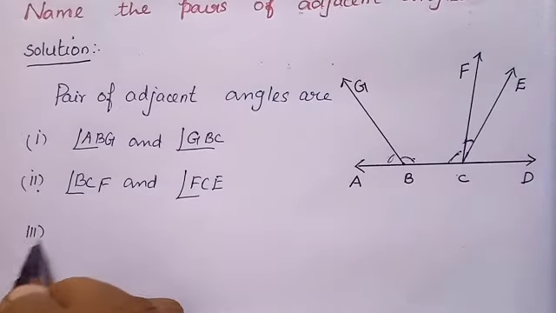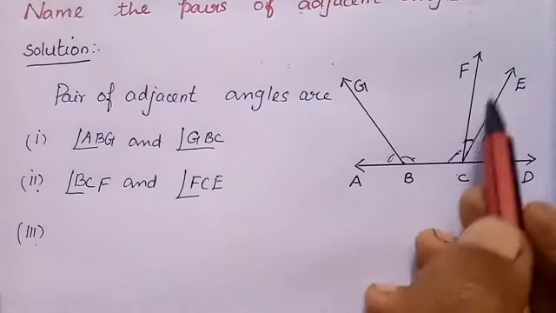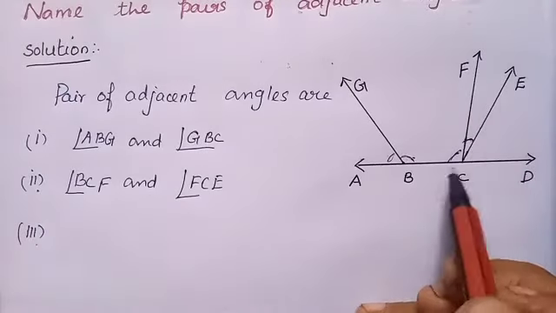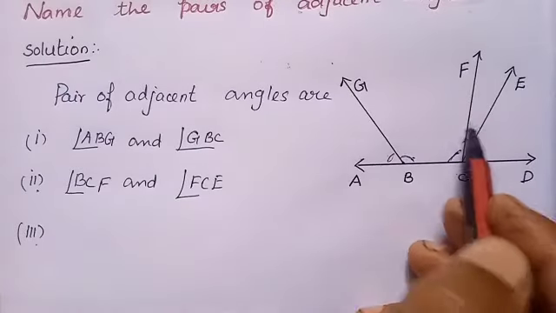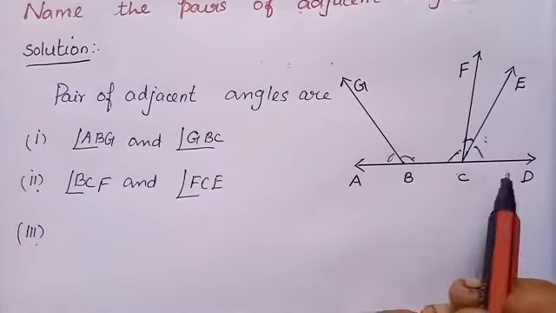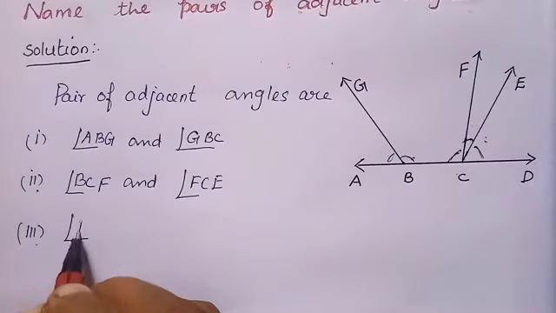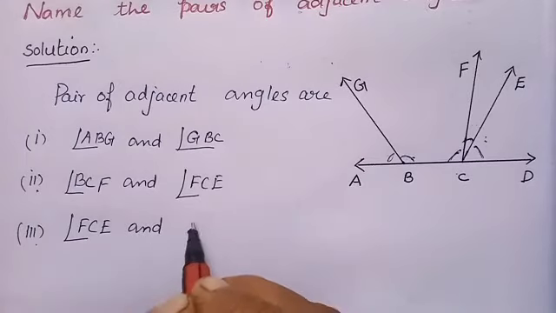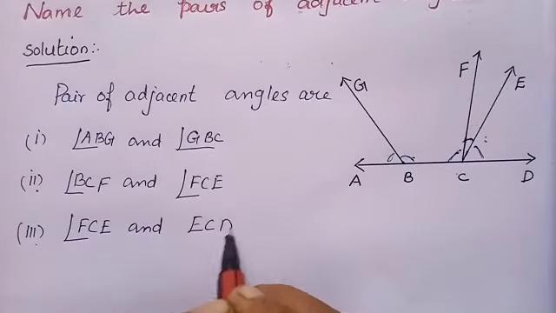Then the third pair is FCE and ECD. Here these two are adjacent angles, FCE and ECD.